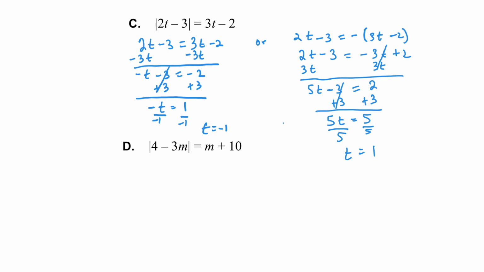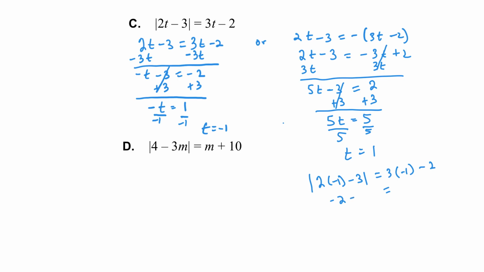So now we got to check if the left side is equal to the right side. So we're going to check the absolute value of 2 times negative 1 minus 3. Does that equal 3 times negative 1 minus 2? So we have 2 times negative 1, which is negative 2.